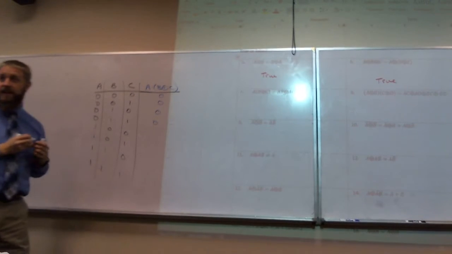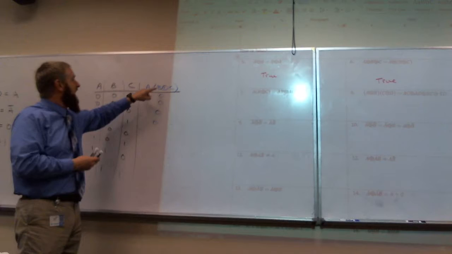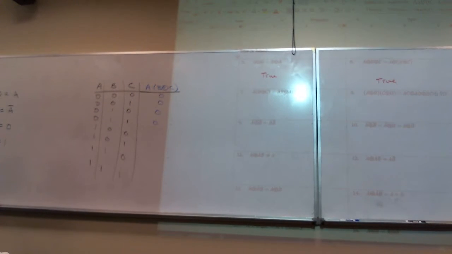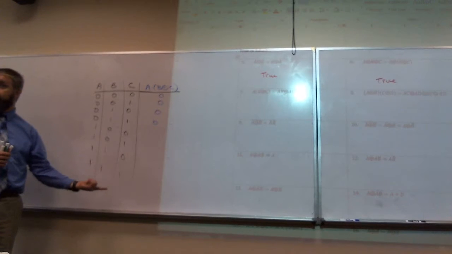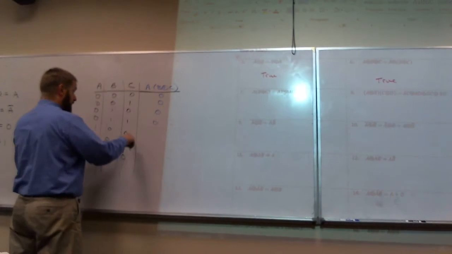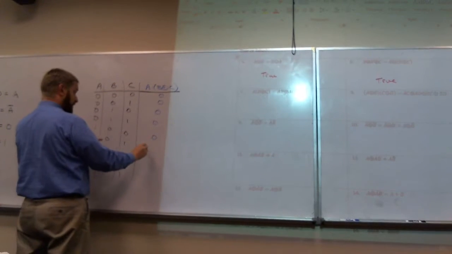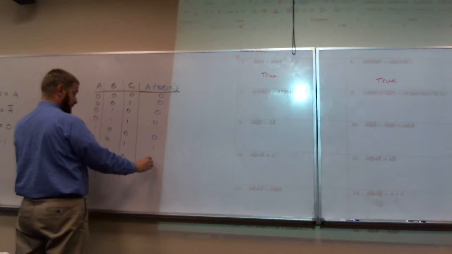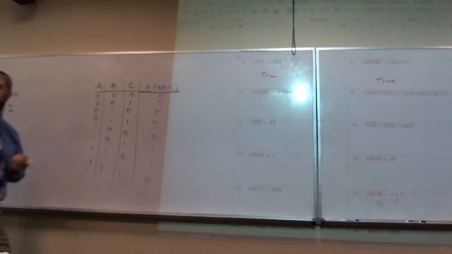Anything AND 0 we know to be equal to 0. So that's easy. If A is 1, then it boils down to whether or not the exclusive OR is true or false. So BC 00 is 0, 01 is 1, 10 is 1, 11 is 0, and 1 AND that is just going to produce that same result.